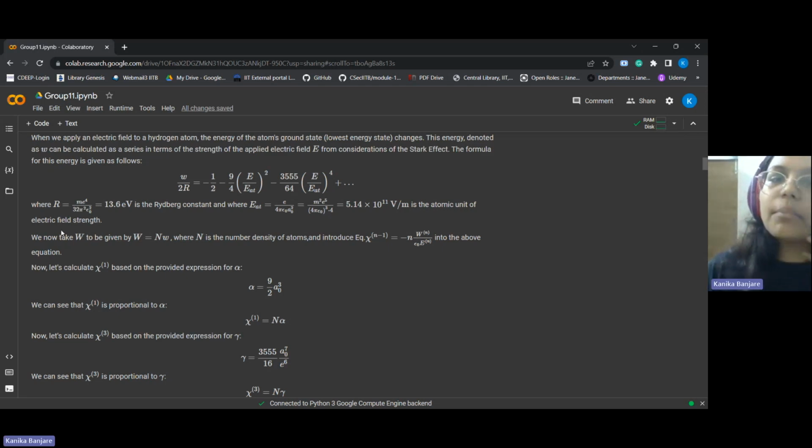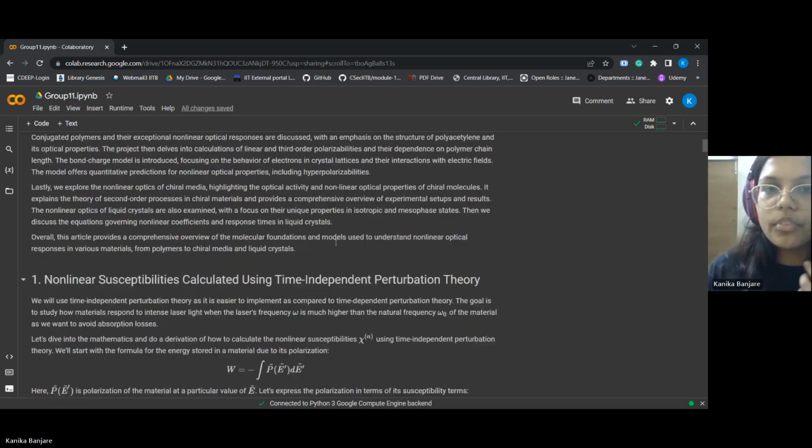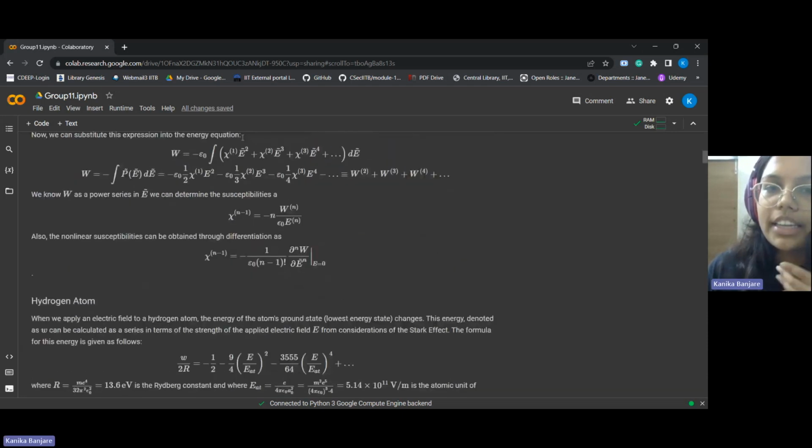Now we take W as given by n times omega, where n is the number density of atoms, and we will introduce this formula into the one we got above.